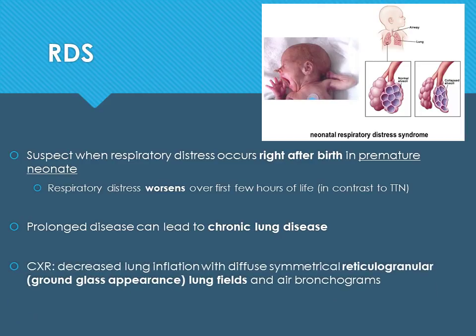That's something that we'll talk about in part 2 of this lecture series. Their chest x-ray shows decreased lung inflation. Remember with the other two, we actually saw hyperinflation. And they have diffuse symmetrical reticulogranular or ground glass appearance of the lung fields with air bronchograms. And I'll show you an image of what that looks like.